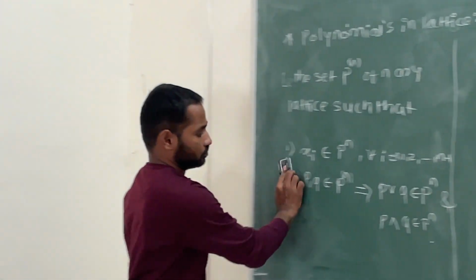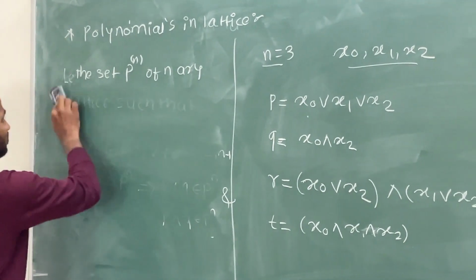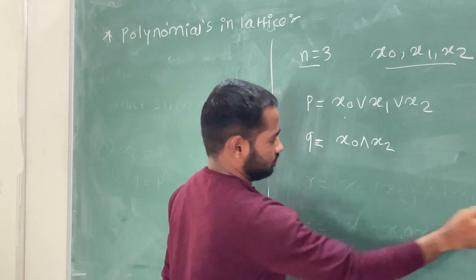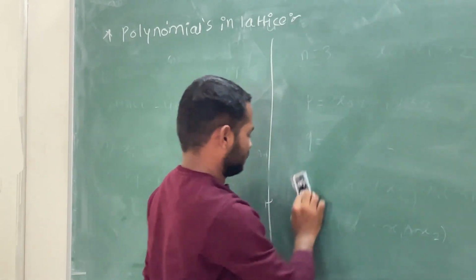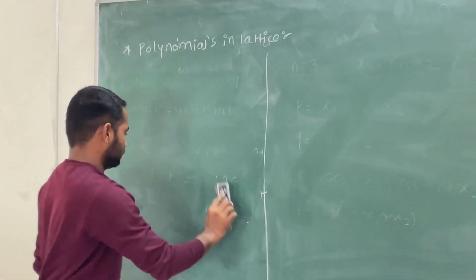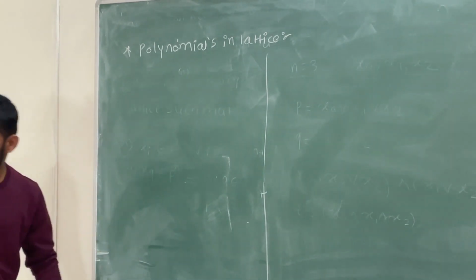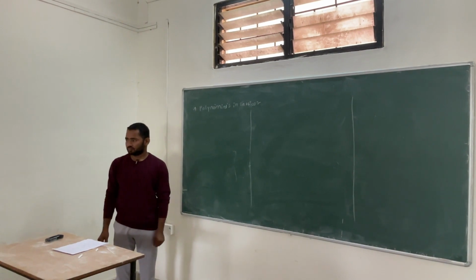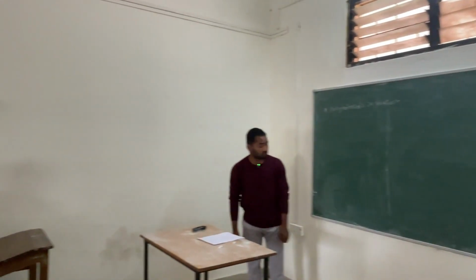Even one variable is sufficient. No, n means the number of variables. Here, for example, n is equal to 3. So for n equal to 3, how many variables will we get? X naught, x1 and x2, 3 variables. Right?